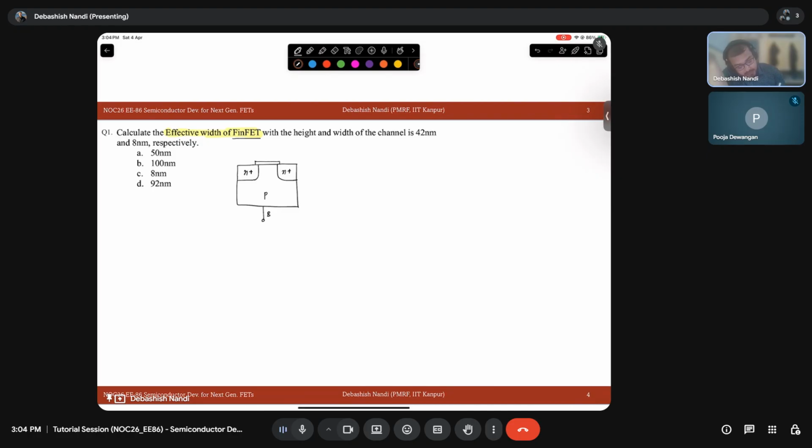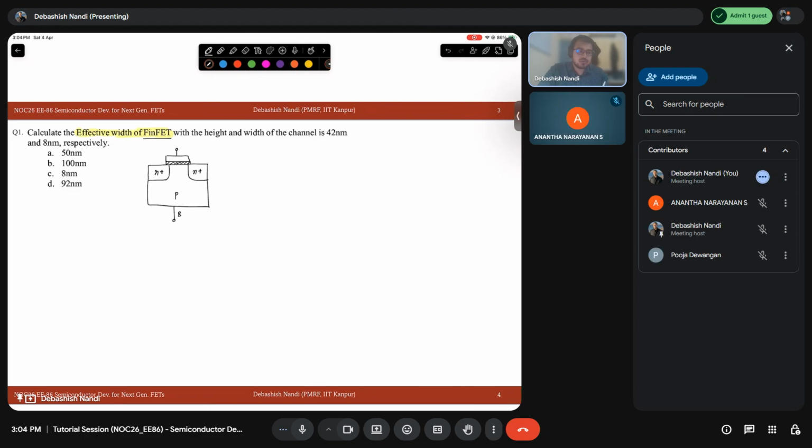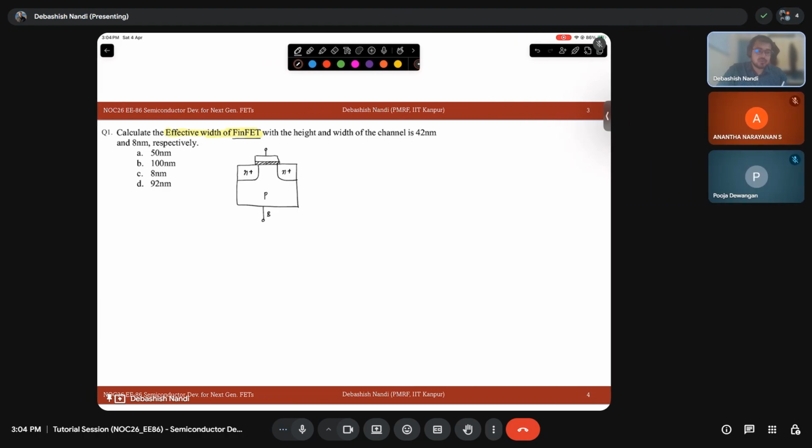You have gate oxide over here. So you have your gate oxide here. This is your drain. This is source. This structure we have studied. This is called bulk MOSFET.